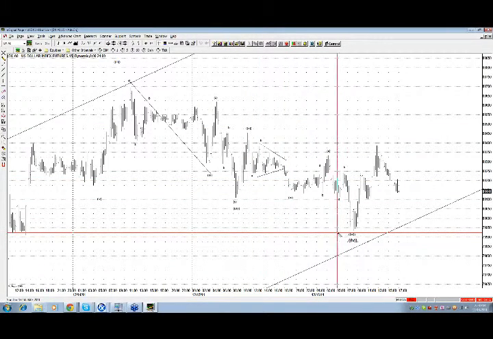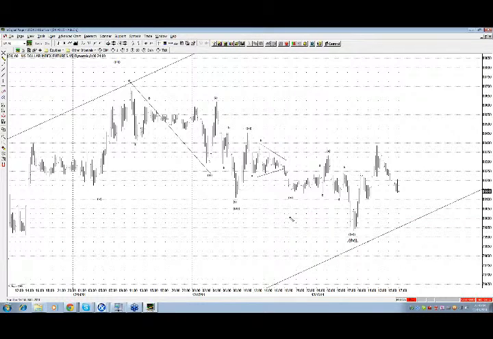Now, 2 scenarios that we have right here. First scenario, we have A, B, C, W, and then A, B, C, W, higher degree, S, W, S, Y. That scenario calls for the low to be in place.